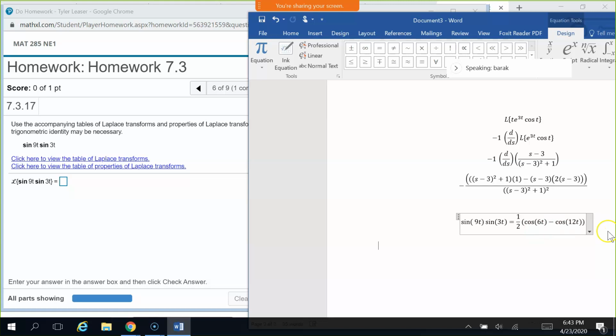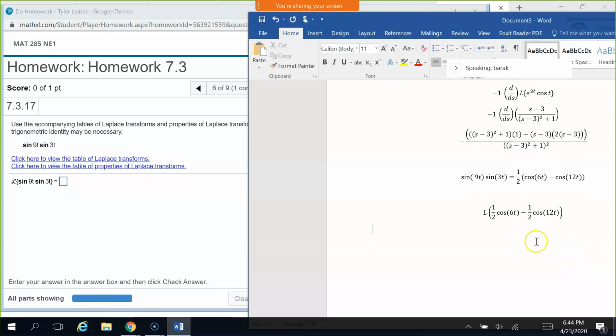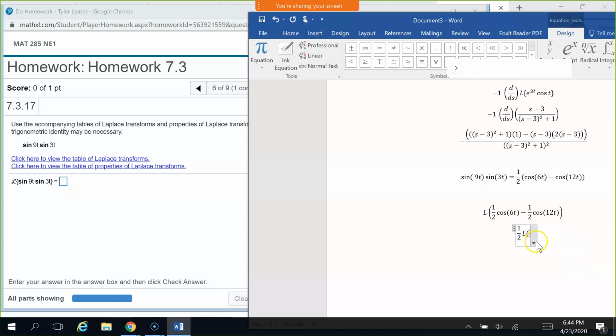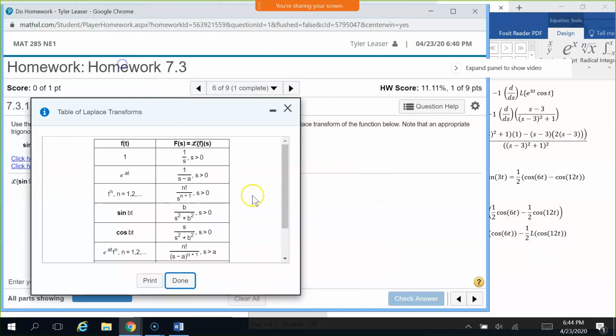Okay, you'd have to distribute the 1/2 into here. So really what we're doing is the Laplace transform of 1/2 cosine 6t minus the Laplace transform of 1/2 cosine 12t. For both of these, we could take the 1/2 out. And then just looking up on that table what the Laplace of cosine is, it's way down here.